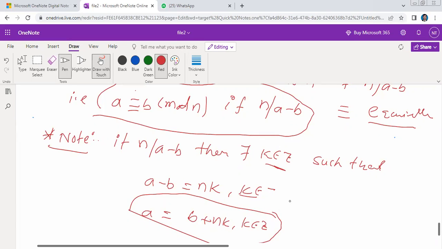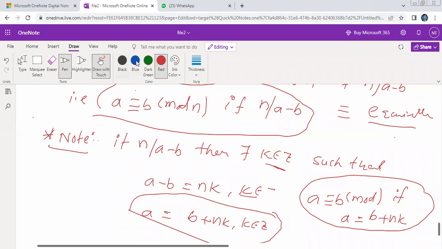So a is congruent to b modulo n means a is equal to b plus nk. This is the condition. I repeat once again: a is congruent to b modulo n is possible only if n divides a minus b.